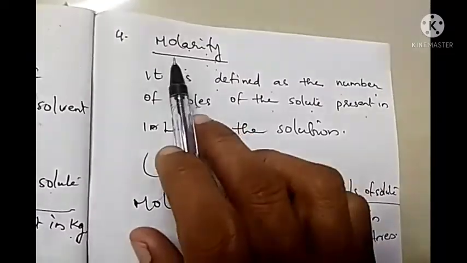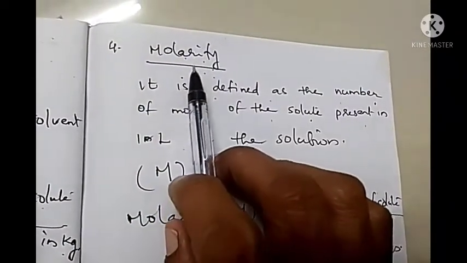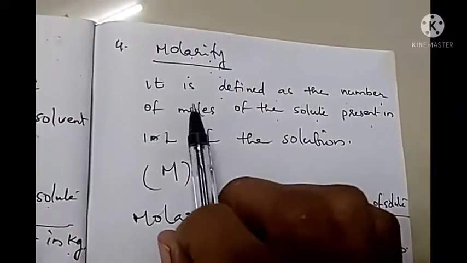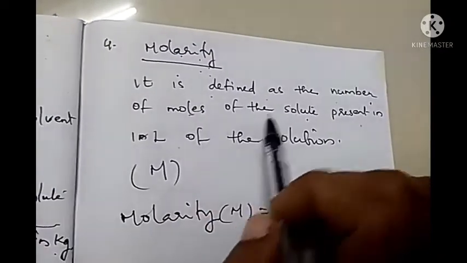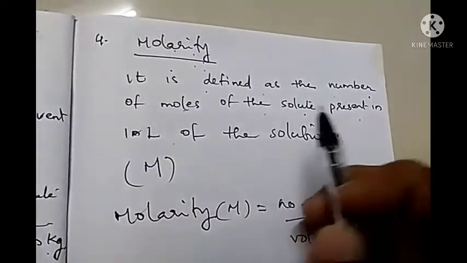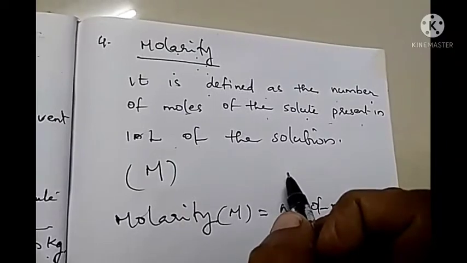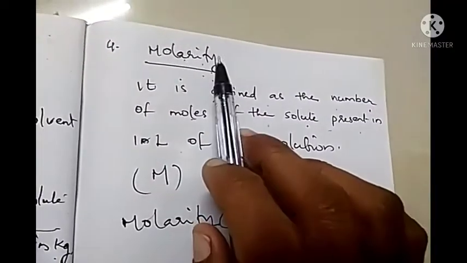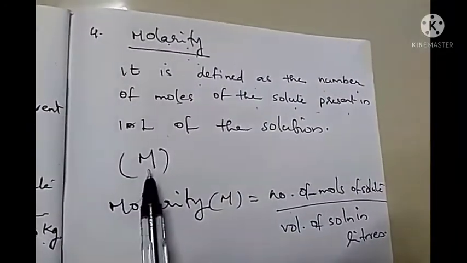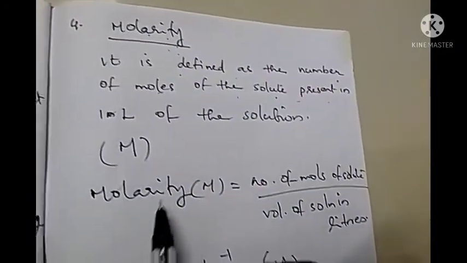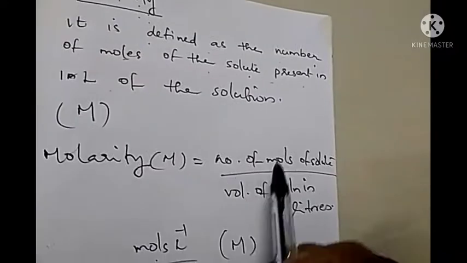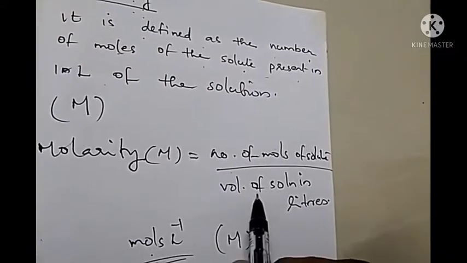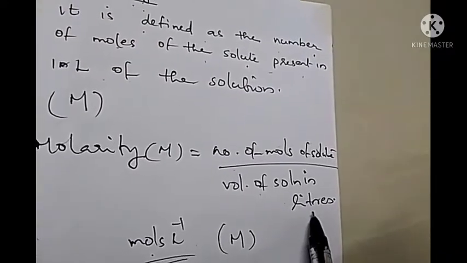Now the last method to represent the concentration of the solution is molarity. It is defined as the number of moles of solute present in 1 liter of the solution, and it is represented by capital letter M. So molarity is equal to number of moles of solute divided by volume of solution in liters.